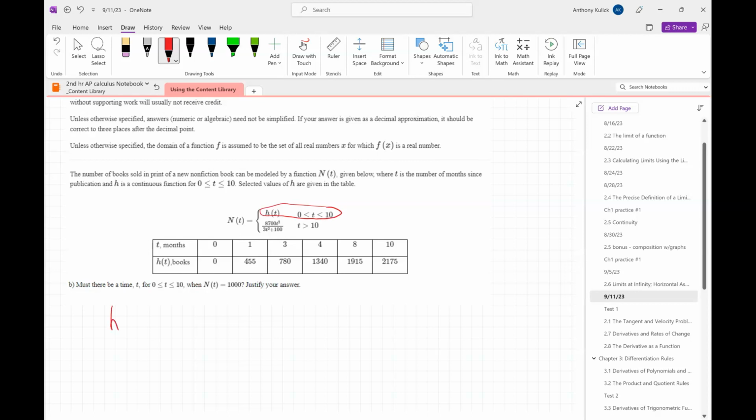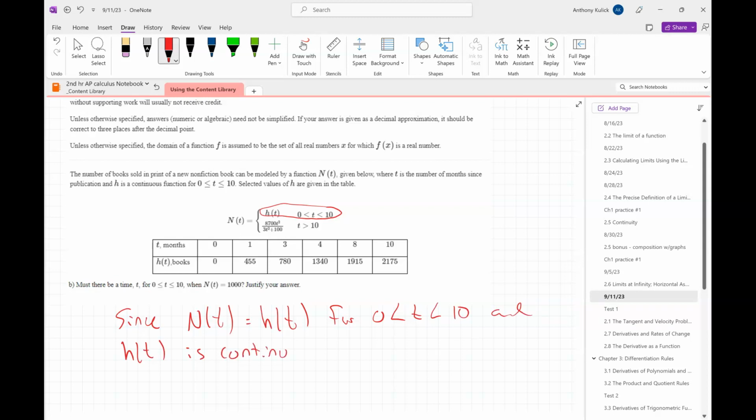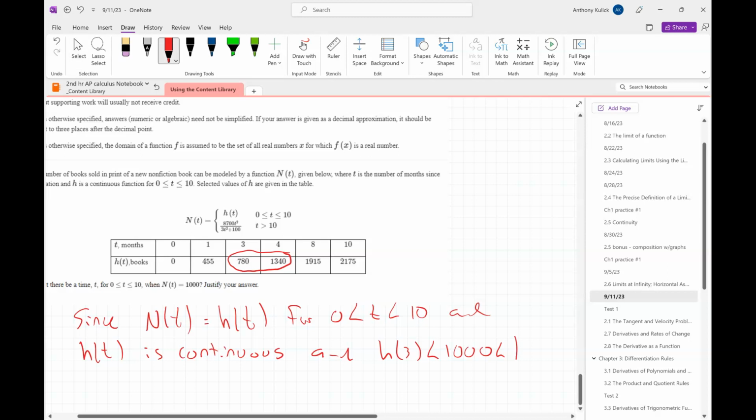So I'm going to say, since n of t equals h of t for 0 less than t less than 10, and h of t is continuous, and I'm going to notice that we would have had to cross 1,000 here between 3 and 4, correct? Right. So I would say that h of 3 is less than 1,000 is less than h of 4.